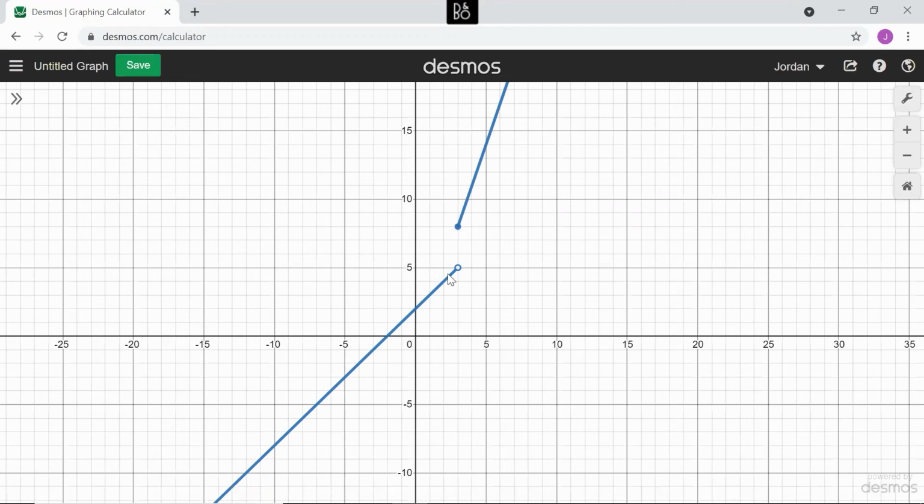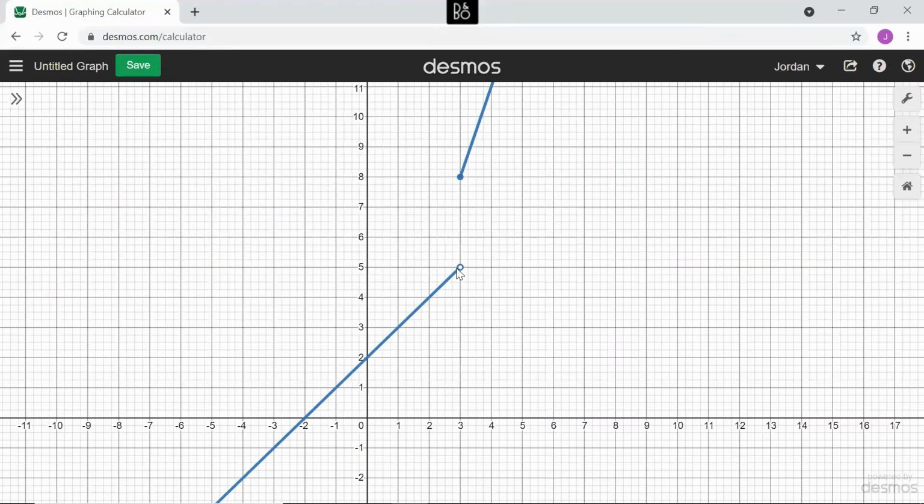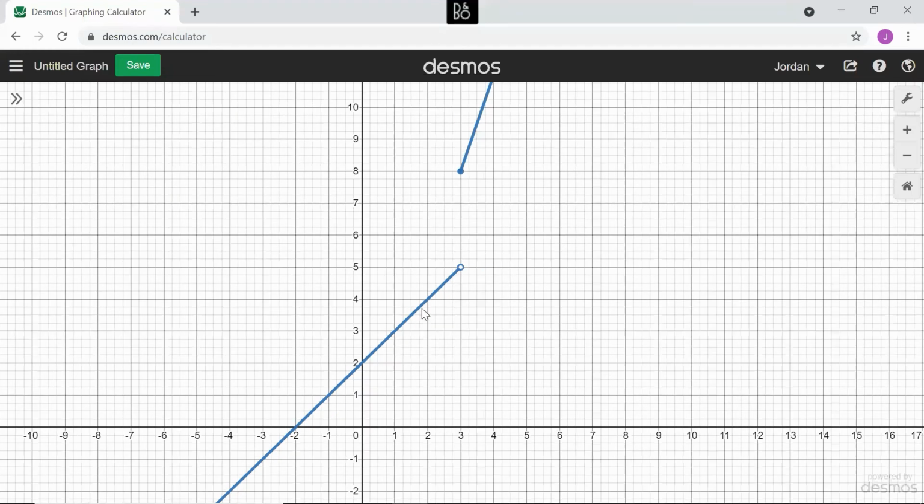So notice that as you travel along this curve from left to right, as you get closer and closer to 3, the function looks like it's going towards the point (3, 5) as you travel from the left. But as you travel from the right, it looks like it's going towards the point (3, 8). So because these things don't match up, this limit does not exist.